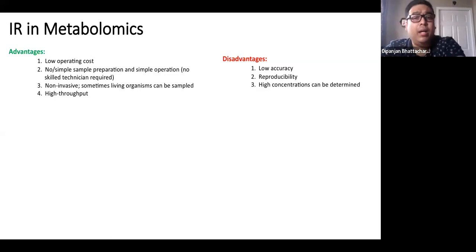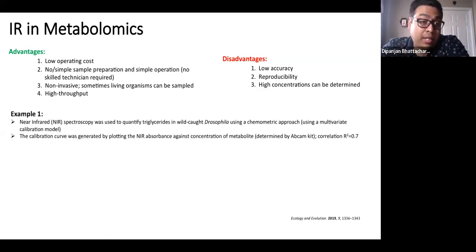Now I selected three representative examples out of many. The first one I want to talk about is where they were using near infrared to scan live Drosophila flies. They were using a chemometric approach, a multivariate calibration model, to quantify the amount of triglycerides present in the flies.